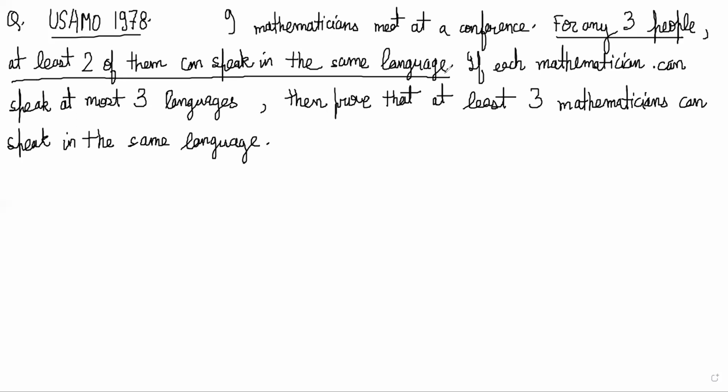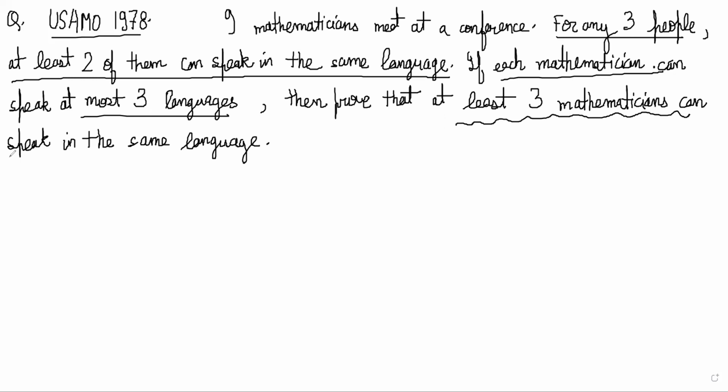So for example, I can speak Hindi, English, and Bengali, let's say. That is the maximum number of languages that I can speak. Similarly, every mathematician has an upper limit of 3 languages. What you have to prove is that there are at least 3 mathematicians in the group of 9 who know the same language, and so therefore they can speak to each other in the same language.